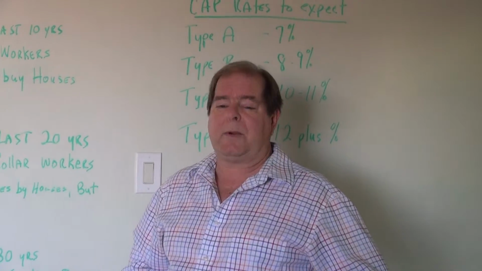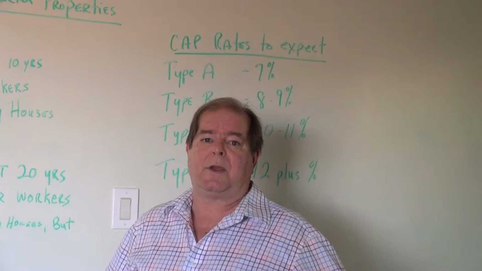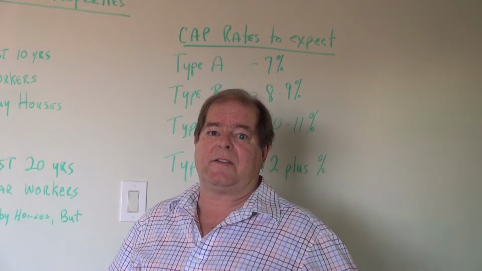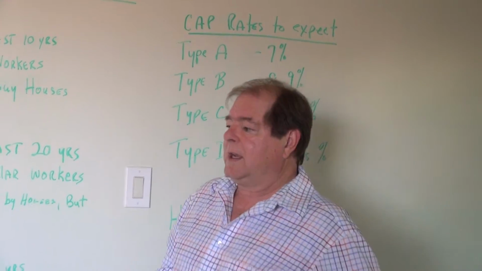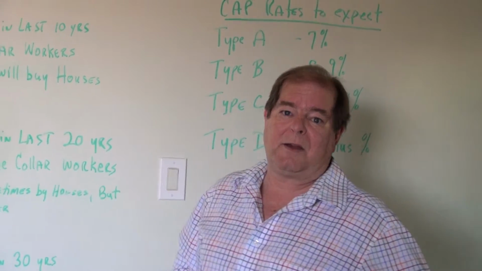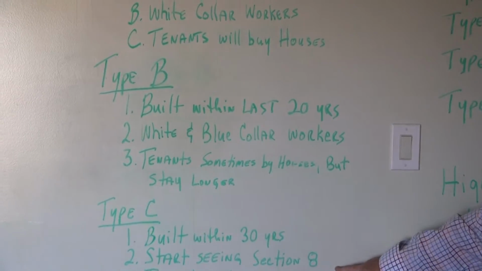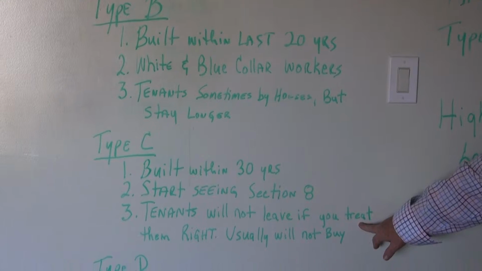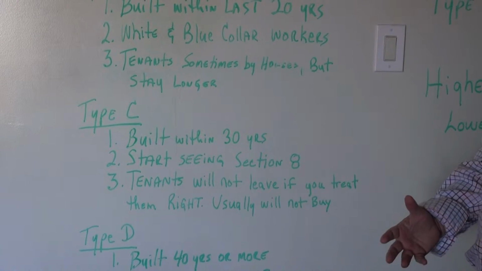What I mean by the property having to qualify is, for Section 8 tenants, you have to keep it fixed up. They go out there and check it every year to make sure it is fixed up. Otherwise, you'll lose your Section 8 income. A lot of people like that because it's guaranteed income from the government. Also, tenants will usually not leave the building if they're treated correctly.